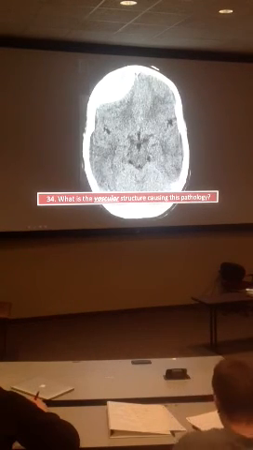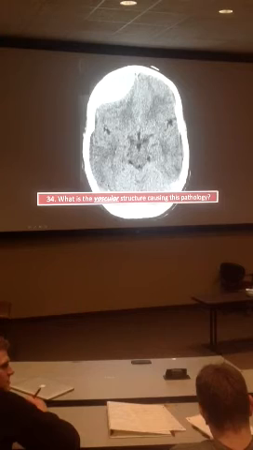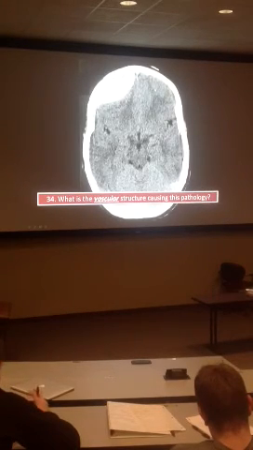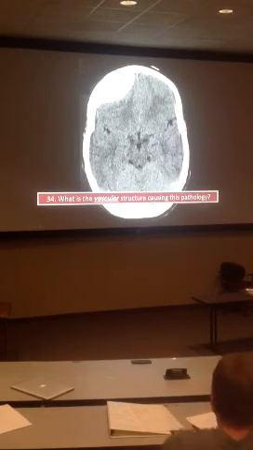So where would you see a subarachnoid hemorrhage? All over. So this is a hematoma. A hematoma is a collection of blood outside of a vessel. A hemorrhage is a bleed into a space. So it's going to be a subarachnoid hemorrhage as opposed to a hematoma.